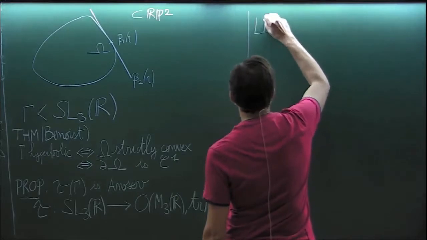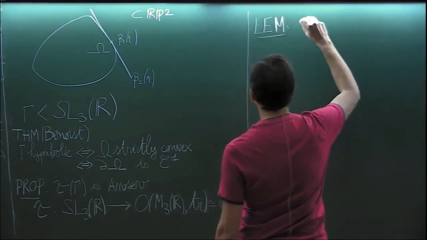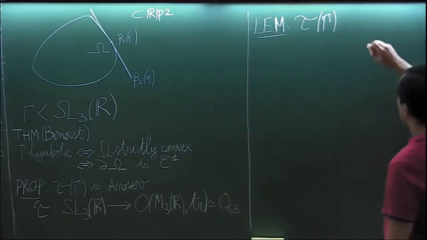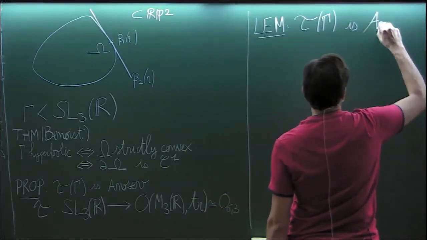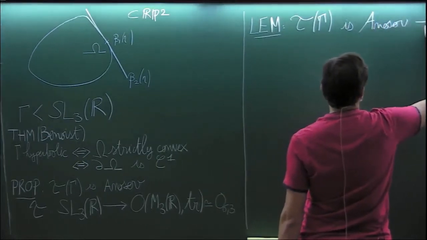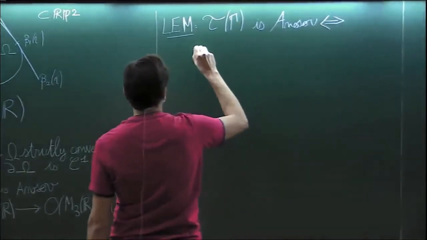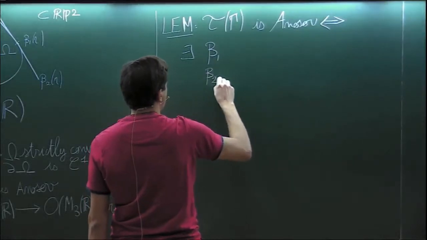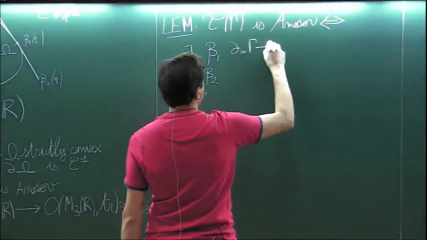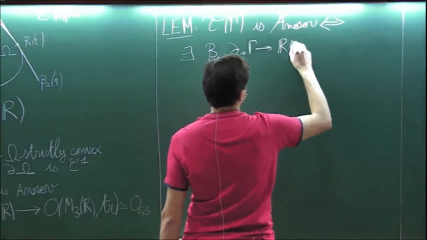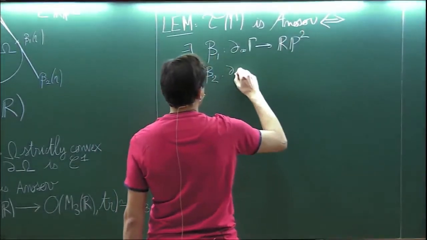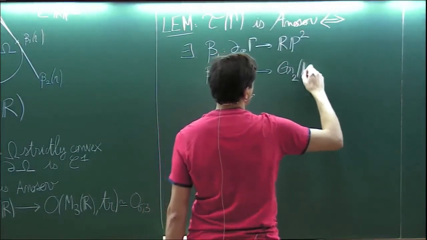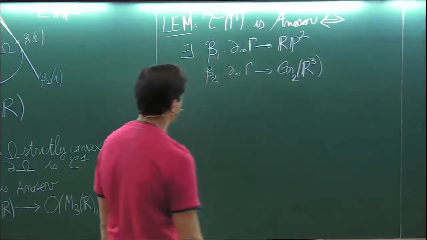So I would like to express it more concretely, and it is valid for any subgroup of SL3, saying that tau of gamma is Anosov means the following. There exist maps beta 1 and beta 2 from the boundary of the group to the projective space and to the dual projective space, that I like to see as a Grassmannian of two-planes in R3.